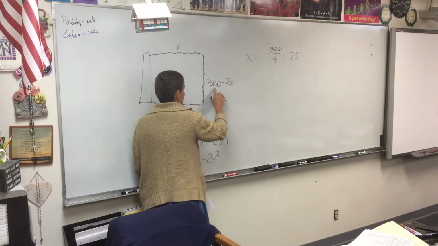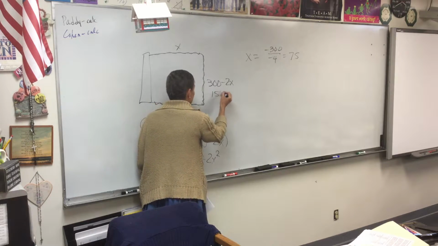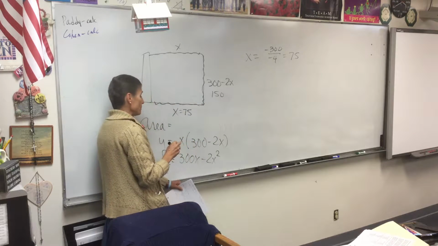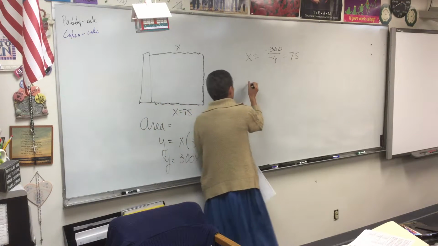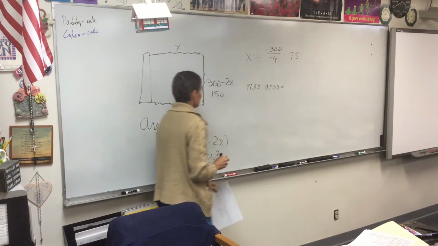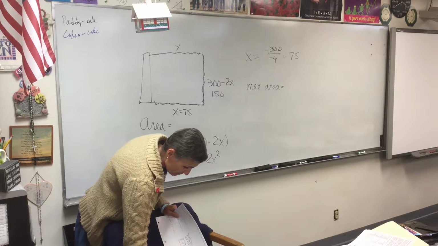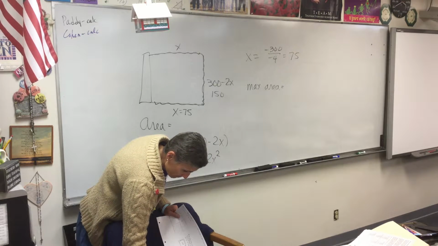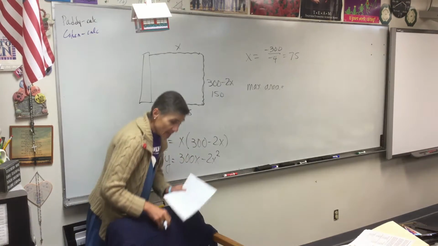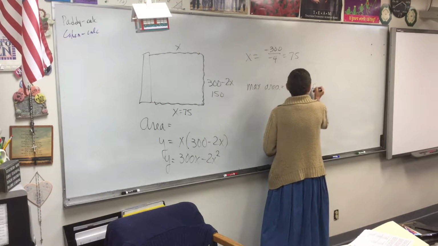What would this be? 150. So what would be the maximum area then? 150 times 75, which is 11,250 square feet.